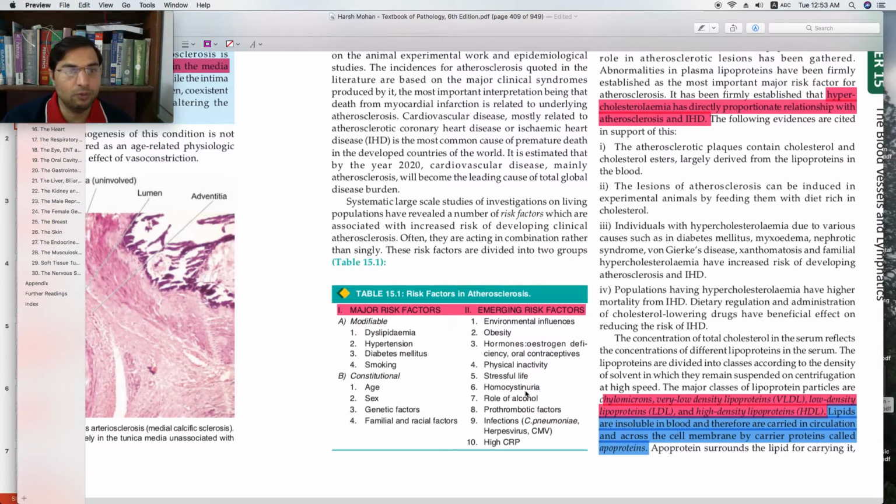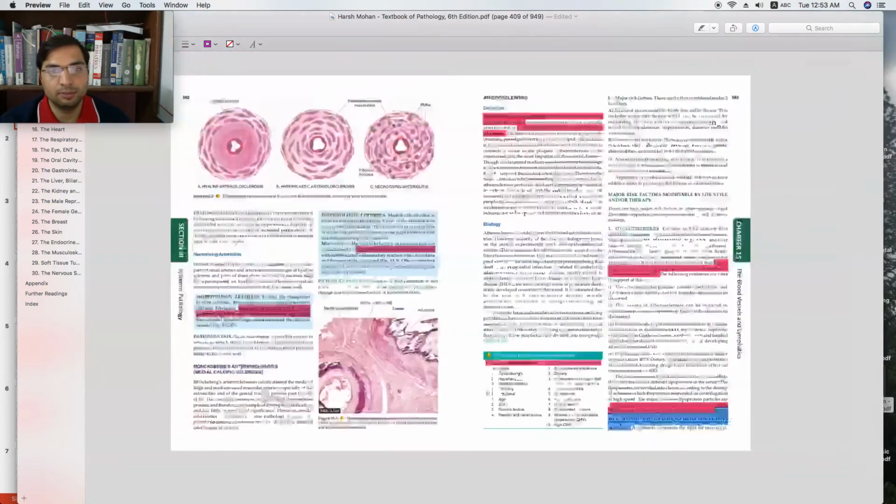High levels of homocysteine in the blood, alcohol, right? Raised prothrombotic factors in the blood, and some infections: somebody having an infection of herpes virus or cytomegalovirus is more prone to atherosclerosis. Then high CRP level, right? C-reactive protein levels that are high, those people are at risk.